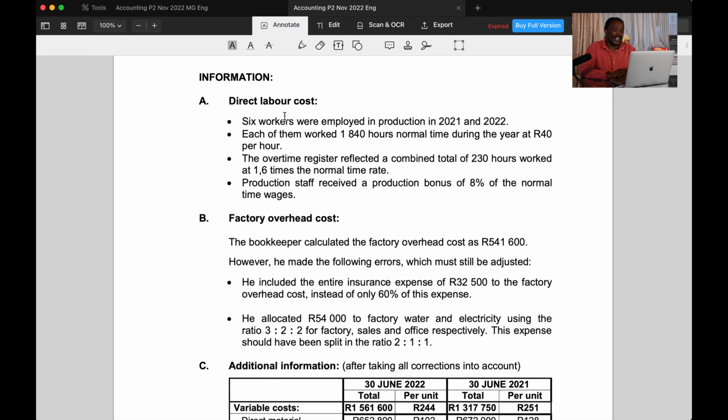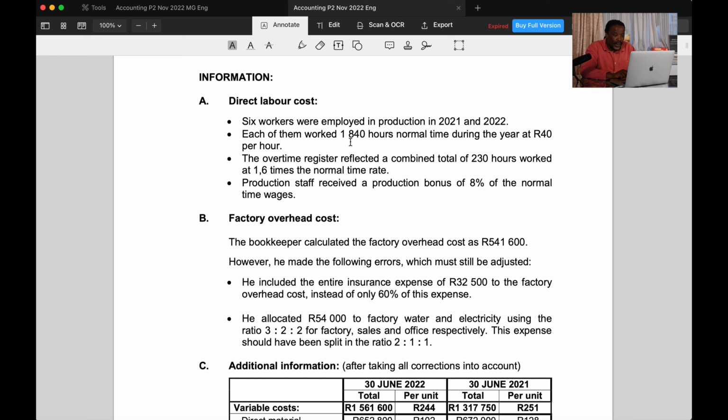It can be that a transaction on D or E has to do with transaction number 1 and the marks given for A. 6 workers were employed in production in 2021 and 2022, and they are giving us comparative figures for 2021 and 2022, so that later in the question we compare whether things increased or decreased. Those are free marks that you must take advantage of, because the examiners want to test that. If they are giving you 2 years like this, we will see subsequent years and how it is done.